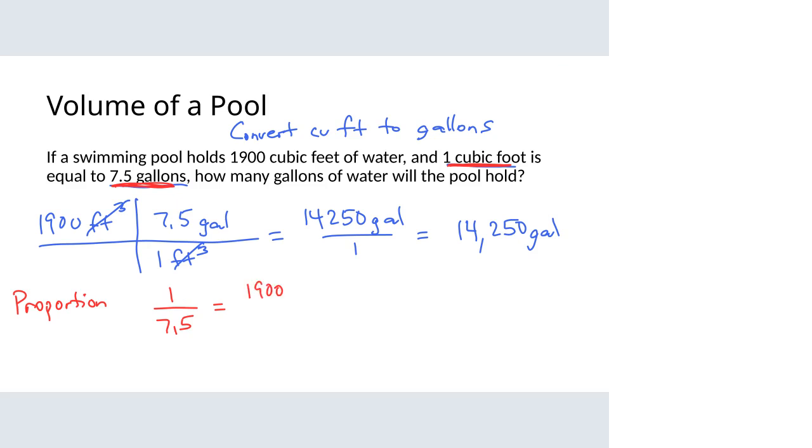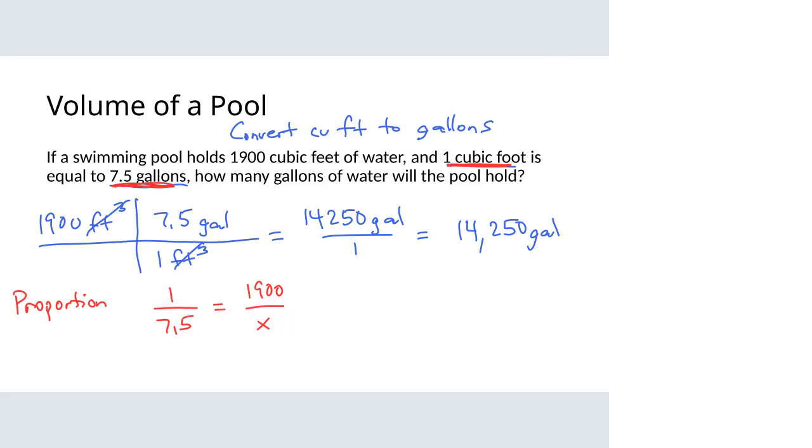So 1,900 cubic feet is, I don't know how many gallons. So we set up a proportion. 1 cubic foot is 7.5 gallons. 1,900 cubic feet is how many gallons?